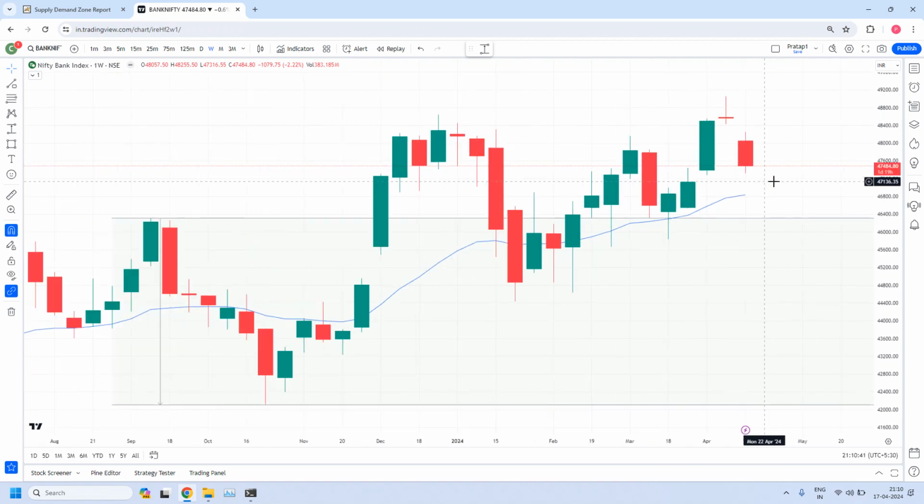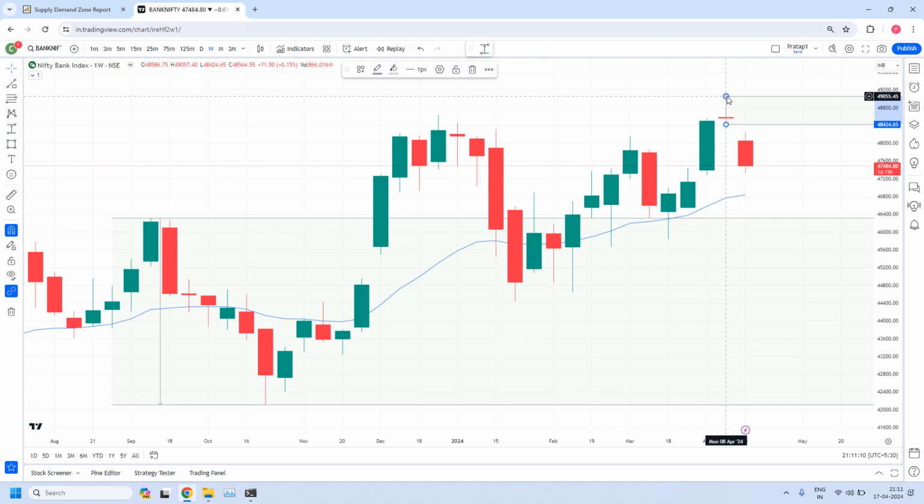But remember, we cannot really consider this a valid weekly zone. This is not a valid weekly zone. The reason is this candle is not completed. We have 2 more trading sessions, tomorrow and day after tomorrow. If it still maintains this leg, this drop, then this could be a valid supply zone.